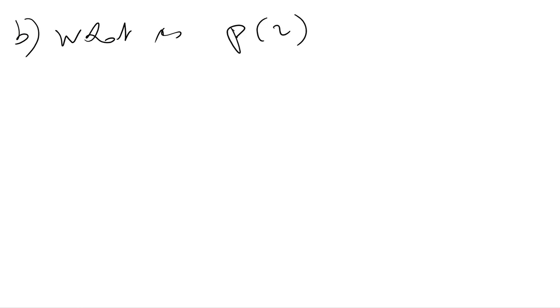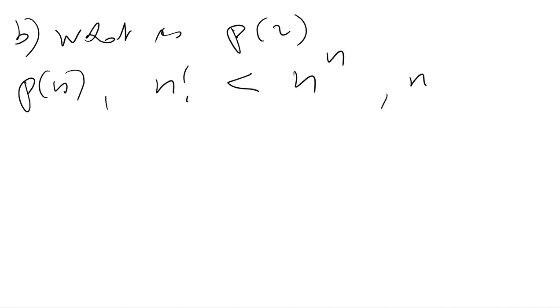So p of n, the expression, was given by n factorial less than n to the n for n greater or equal to 2, and n is a natural number.